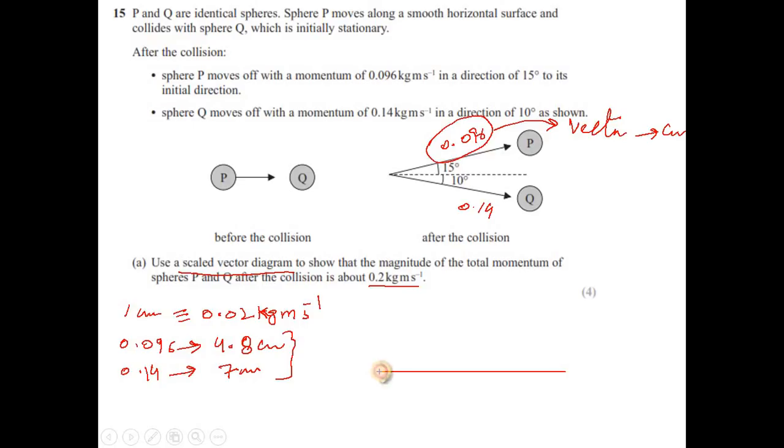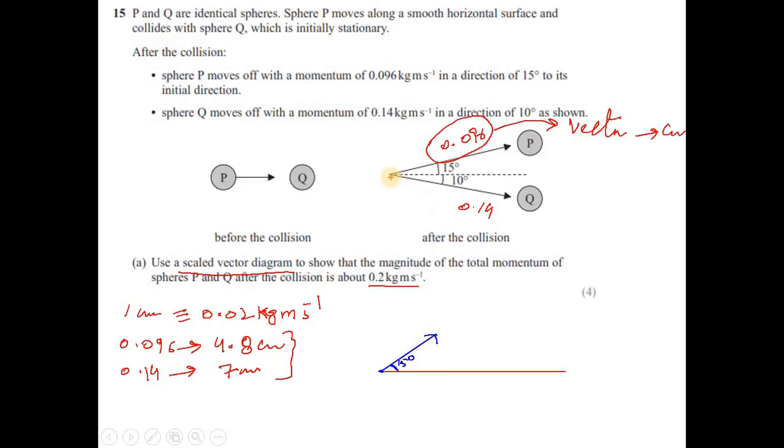You put the ruler here, and at that point first measure the angle of 15 degrees using the protractor, and then draw a line of 4.8 centimeters. Suppose this is the vector of 4.8 centimeters, representing the momentum 0.096 at 15 degrees.